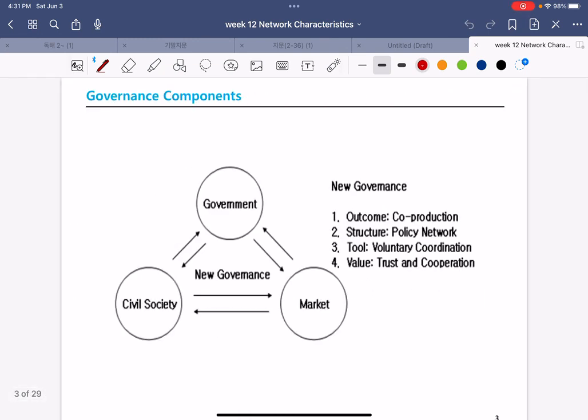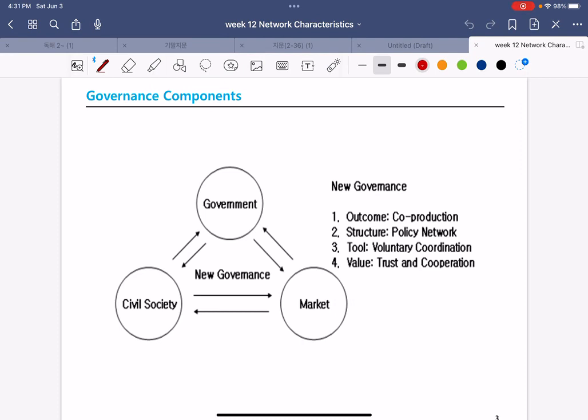Okay, this is the structure of new governance. Government, civil society, and market interact with each other in the new governance. Therefore, the outcome is a co-production. Also, structure is based upon the network because different actors are engaged in the collaborations within the network structures.